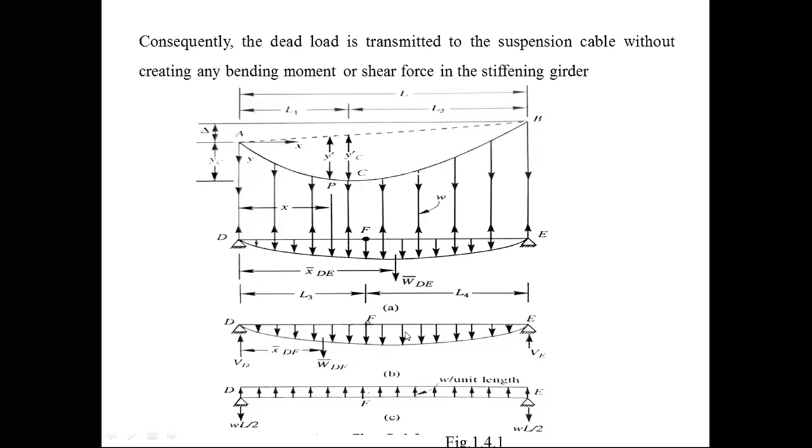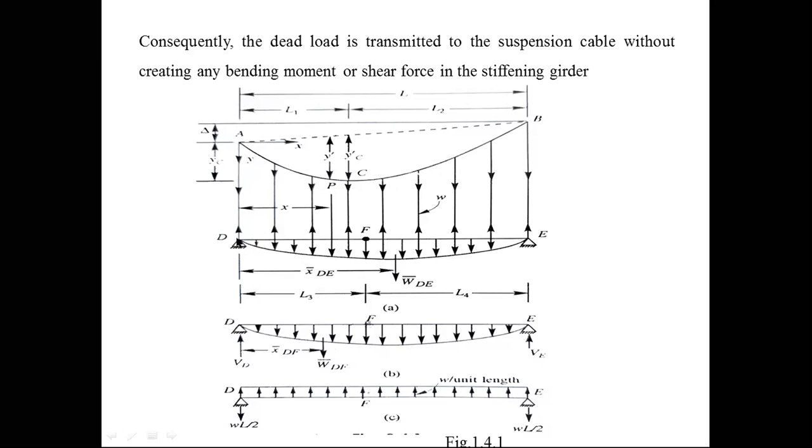And this is the free body diagram of the stiffening girder, figure B, and it is subjected to a vertical non-uniform load, with resultant W bar DE placed at a distance of X bar DE.